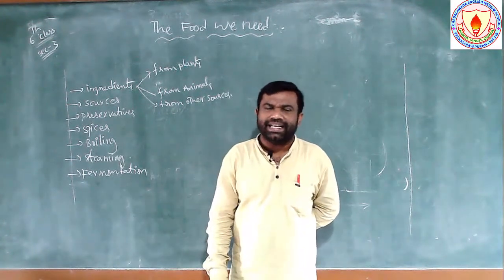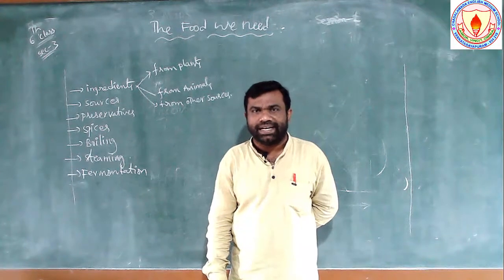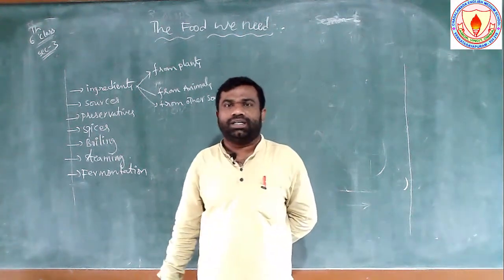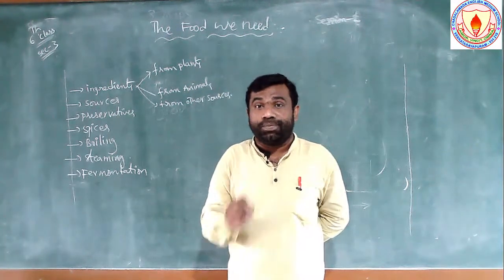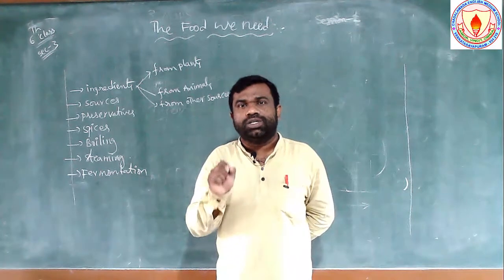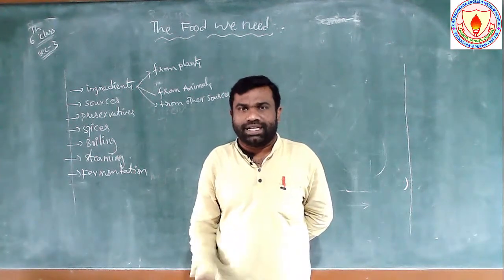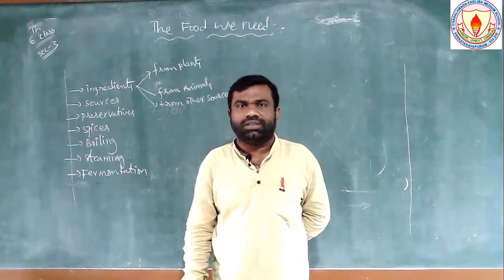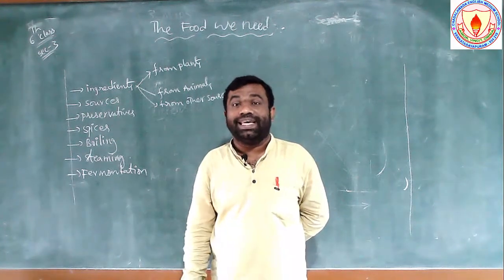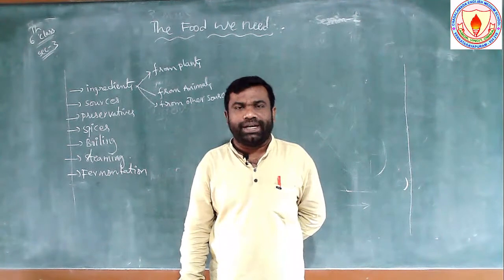What are ingredients? The sources or the substances used to make the food material. The requirements, the substances to make the food material. Those sources or substances are said to be the ingredients of the food material.